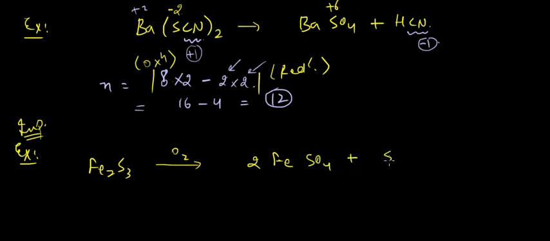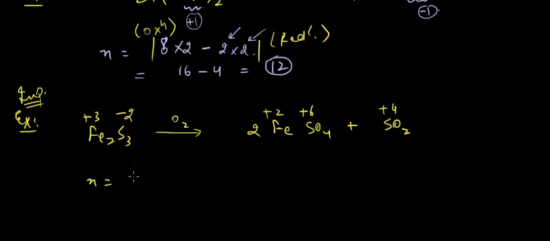FeSO4 plus SO2. So here Fe is going from +3 to +2, and sulfur is going from -2 to, at first, +6 here and +4 here. So the N factor would be, Fe is getting reduced, so for Fe we can write the number of electrons gained by Fe.